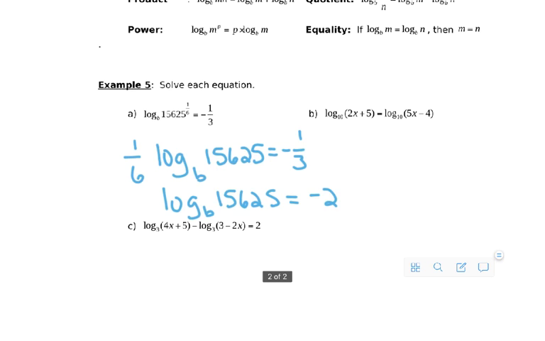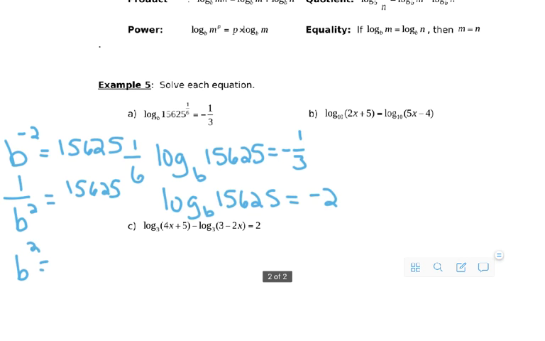Then I would rewrite this in exponential form. b to the -2nd power is equal to 15,625. We don't like negative exponents, so I could rewrite this as 1 over b squared is equal to 15,625.